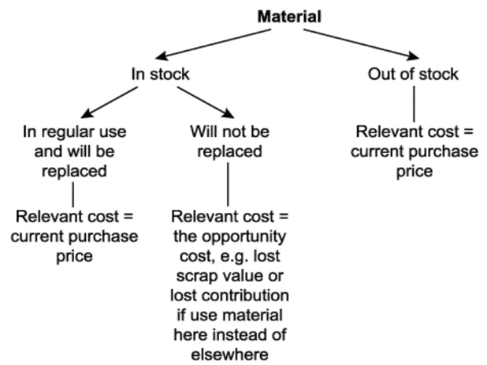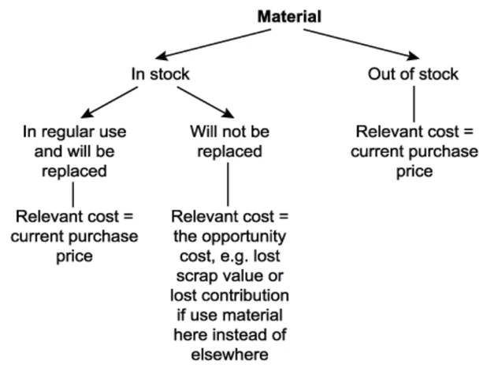Now, if the materials are out of stock, coming up with the relevant cost for these materials is very, very straightforward, very easy. Why? They are out of stock. We have to purchase them if you are to work on the contract. Therefore, their relevant cost is the current purchase price.